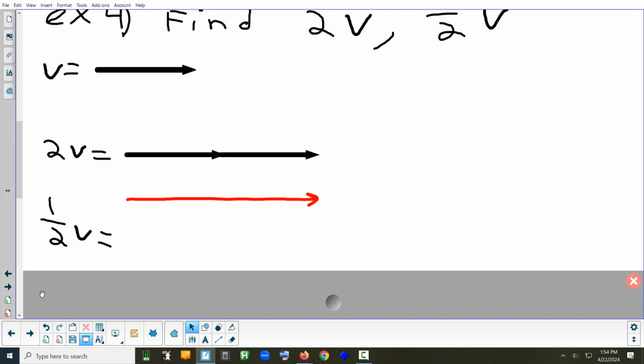How about 1/2 v? How's that going to compare to v? It's smaller. How much smaller? Half as long. Yeah, it's going to be half as long. I don't have a way to really calculate it on the smartboard, so I'm just going to estimate where I think halfway is.